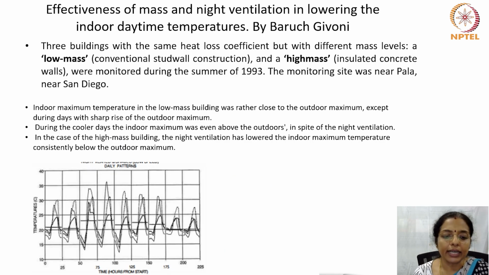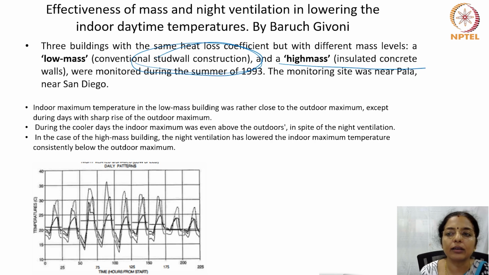Another study on the effectiveness of mass and night ventilation in lowering the indoor daytime temperature was done by Baruch Givoni. He took three buildings with the same heat loss coefficient but with different mass levels. We will look only at a low mass building, which was primarily conventional stud wall construction used in that place, and a high mass building, which is insulated concrete wall.